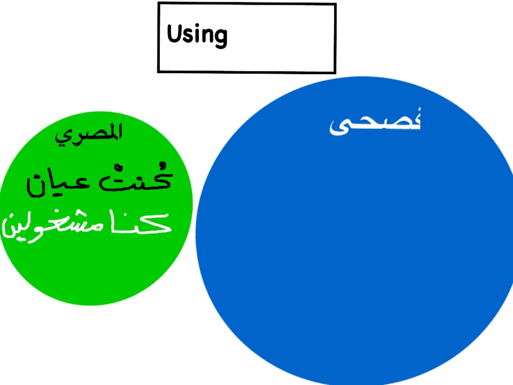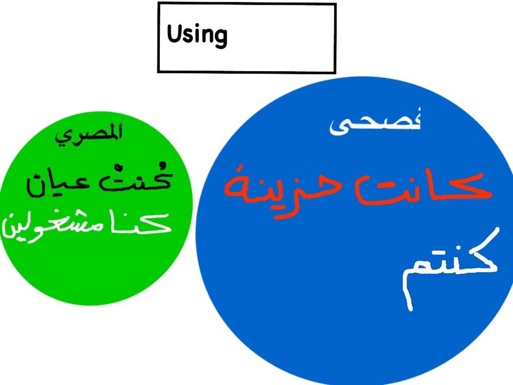With فصحى we can use as an example هي, she كانت حزينة, she was sad, حزينة. With أنتم we can say كنتم بارعين, you were good.